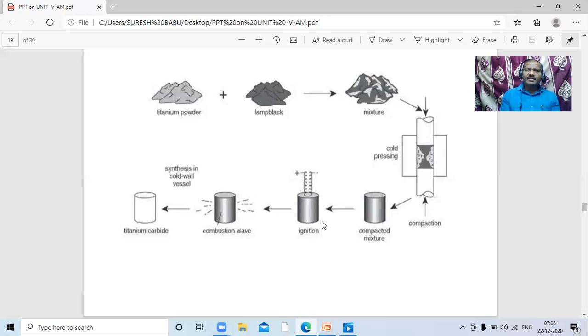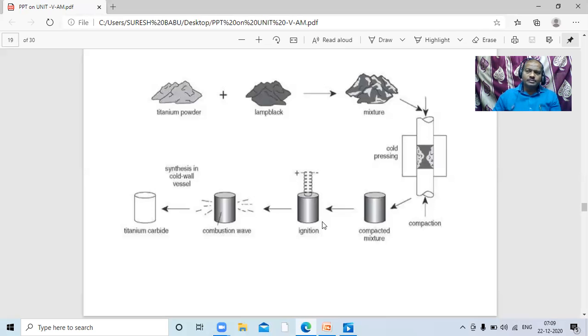Basically, titanium is a very tough, hard, high strength material. So titanium, if available only in powder form, is of no use. That's why titanium is combined with lamp black, so that it can be used for a number of applications.